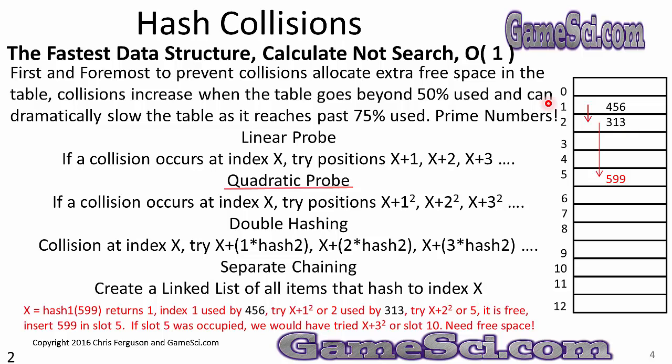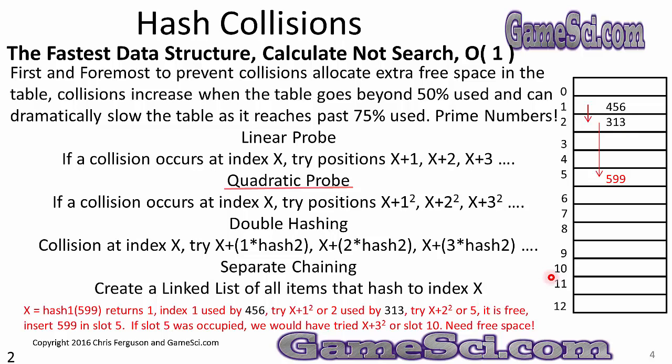Let's try x plus 1 squared or position 2 of the array, and you can see it's occupied by 313. Let's try x plus 2 squared or position 5 of the array, and it is free. Insert 599 in slot 5. If slot 5 was occupied, we would have tried x plus 3 squared or slot 10.